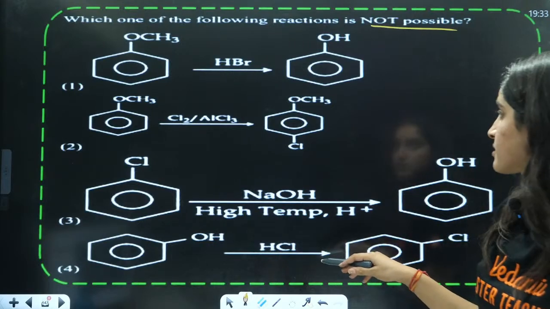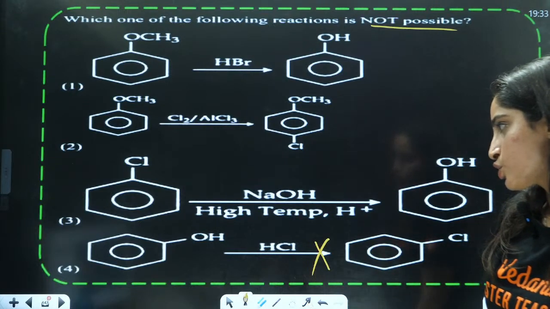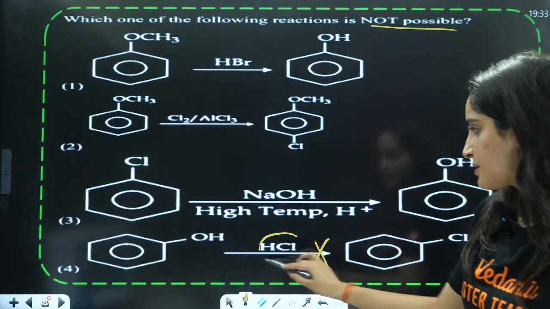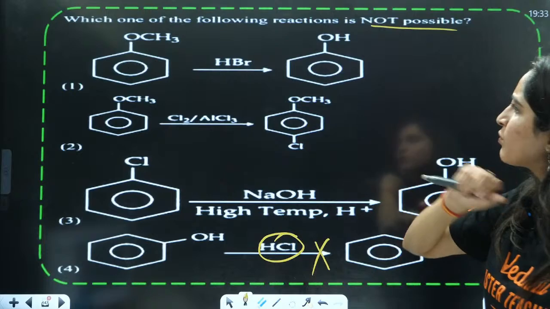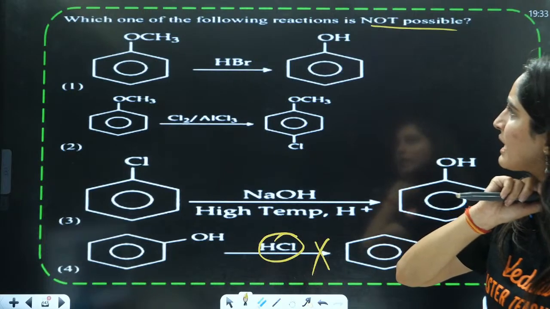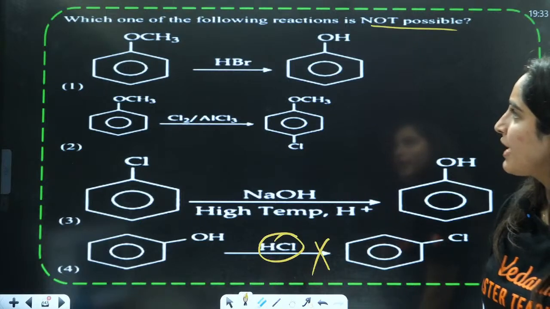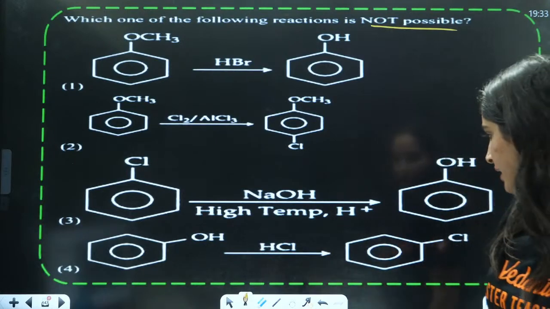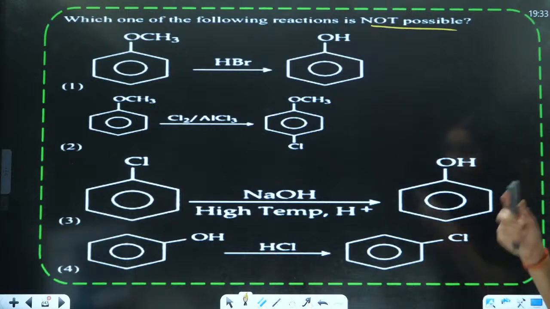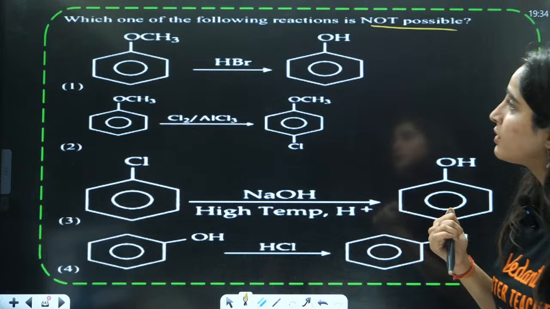This one is not possible because this is HCl, right? Wait a minute. Here it is making HBr, OCH3 with HBr. It is going to give you phenol. And here with HCl, it is going to give you Cl. Both are not possible.